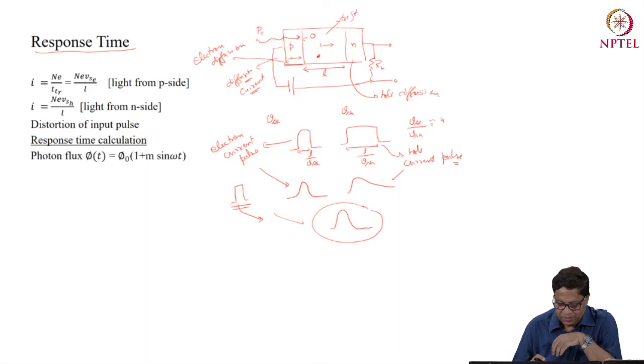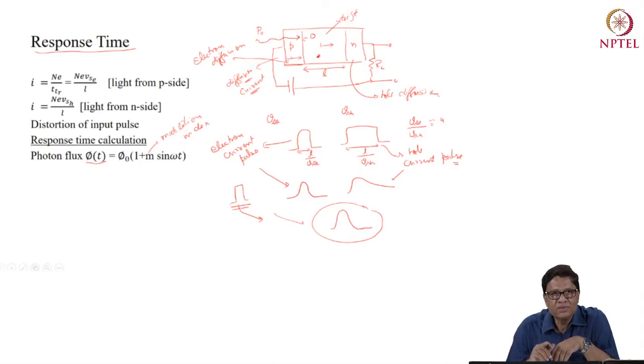Let us assume that the photon flux which is incident on the PIN diode is, say, phi of t, which is some sinusoidal or modulated signal, given as phi 0 into 1 plus m sin omega t. Omega is the frequency and m is the modulation index. This is the photon flux which is incident on the photodiode.